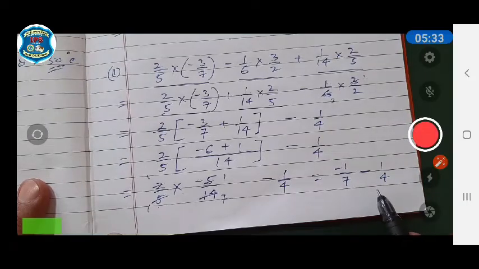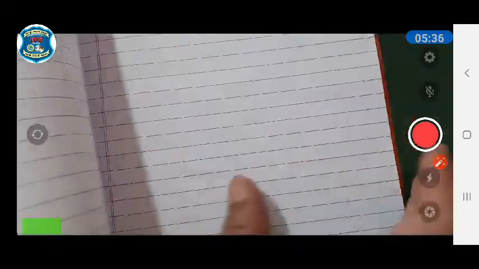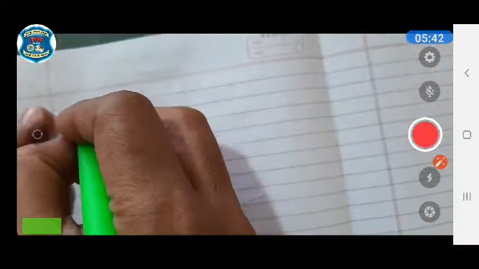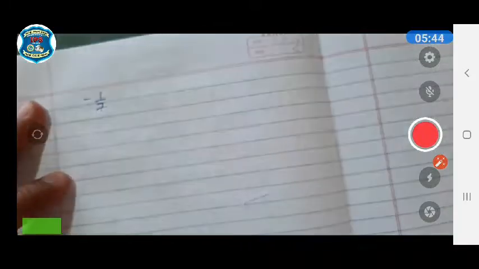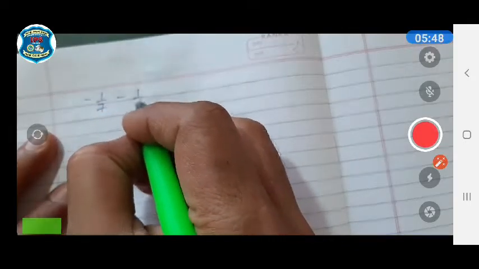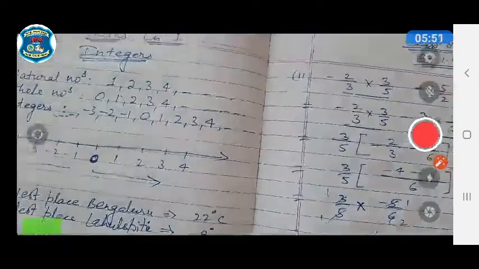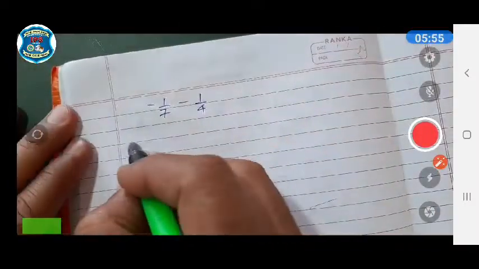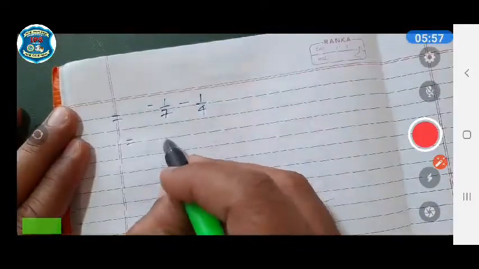Again take LCM. The value is minus 1 upon 7 minus 1 upon 4. This is the value. So take LCM, 7 and 4.